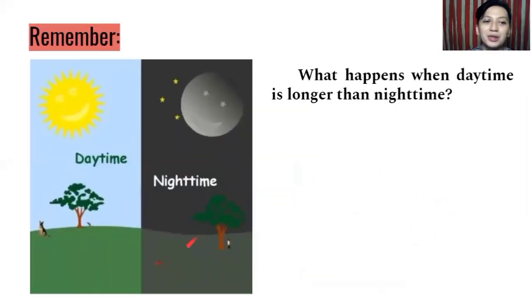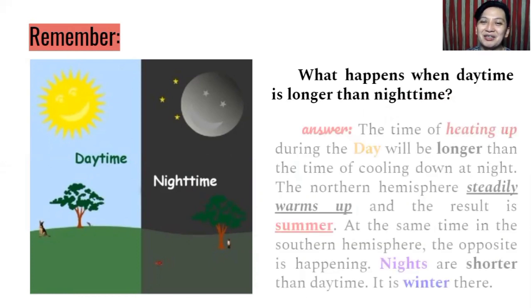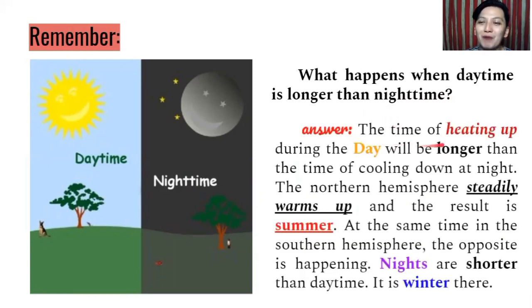So always remember what happens when daytime is longer than nighttime. Let us think for a bit. Okay, so the time of heating up during the day will be longer than the time of cooling down at night.